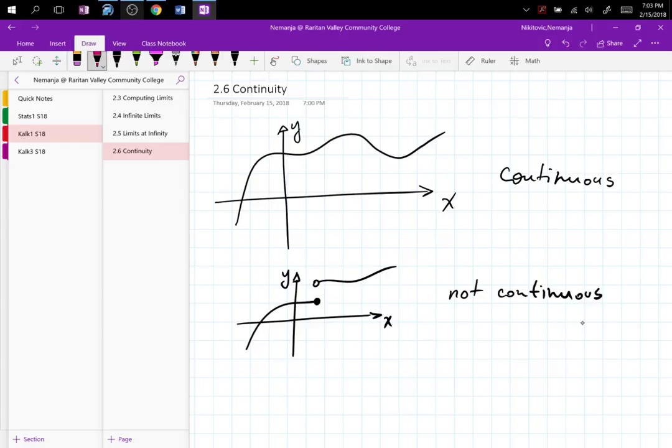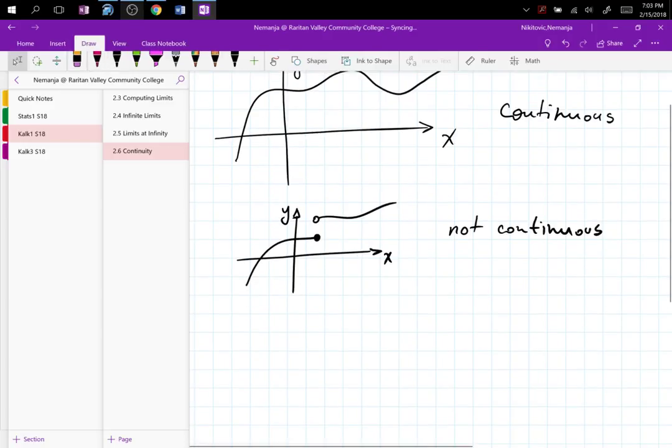So before we do anything, we have to define continuity at the point x equals a.